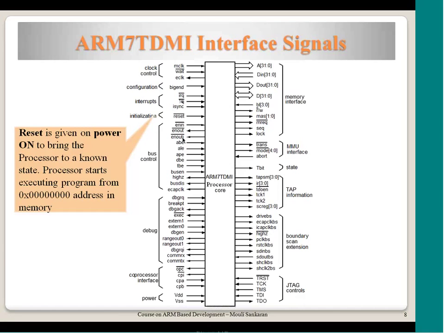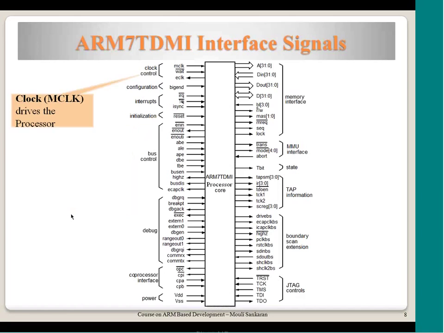When the signal is low, it is active. What happens when the reset signal is activated is that the processor starts executing code from address 0x0. This is the hexadecimal notation of the address. I have given this many zeros because it's a 32-bit processor and the address range is 32-bit, from all zeros to all Fs.